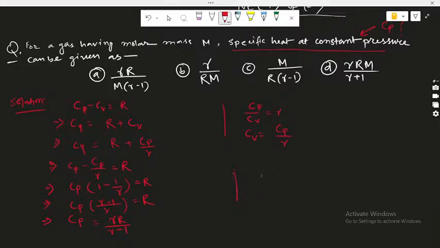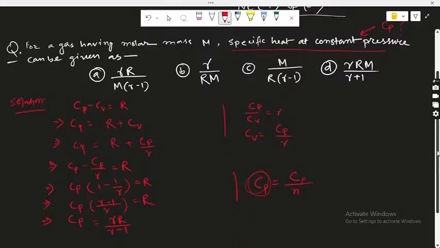We have another formula that Cp is equal to C, that is molar heat capacity. Molar heat capacity Cp is equal to specific heat capacity at constant pressure divided by number of moles.